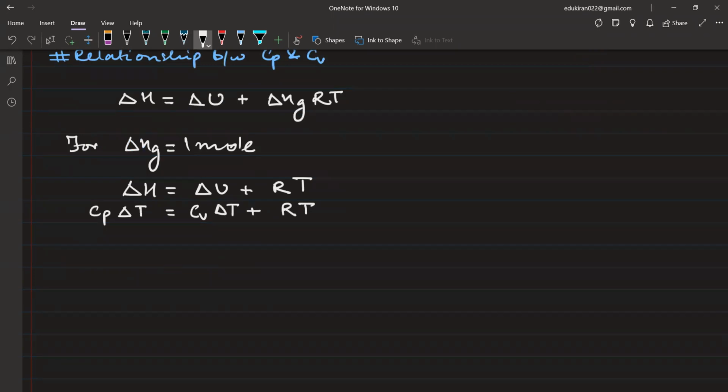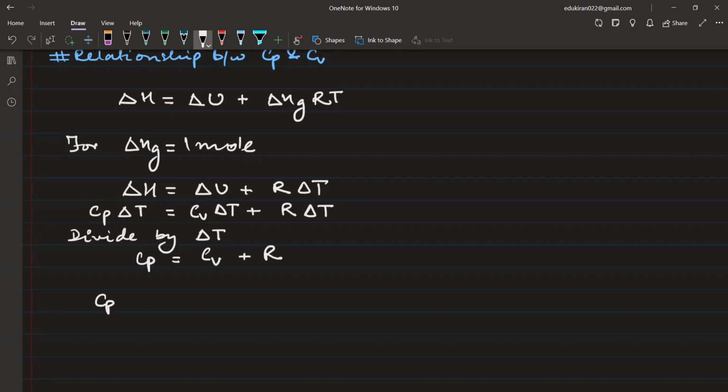Now, since the temperature is changing, we can also write this as R into delta T, the change in temperature. And then we can divide by delta T. If I divide here, I will get CP, here CV, and here R. And I can write CP minus CV is equal to R.